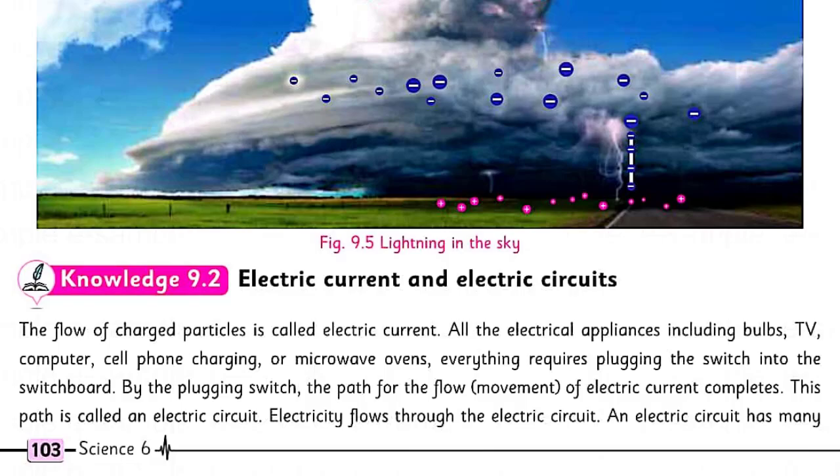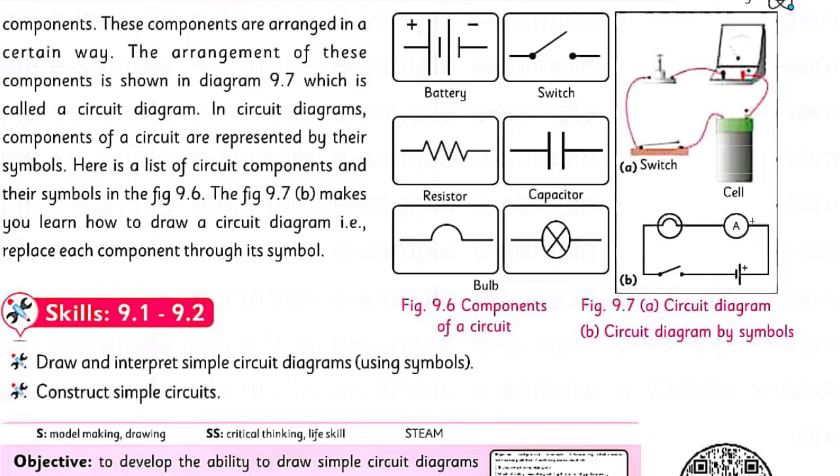An electric circuit has many components. These components are arranged in a certain way. The arrangement of these components is shown in Figure 9.7, which is called a circuit diagram.